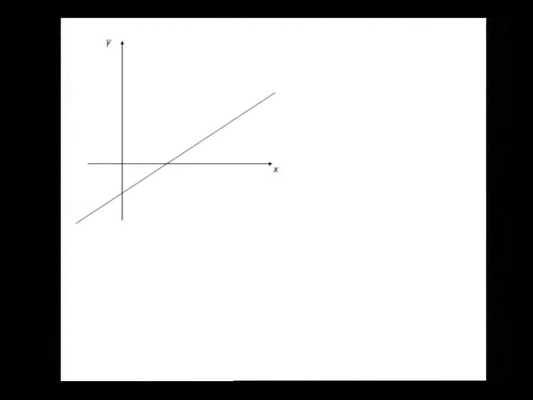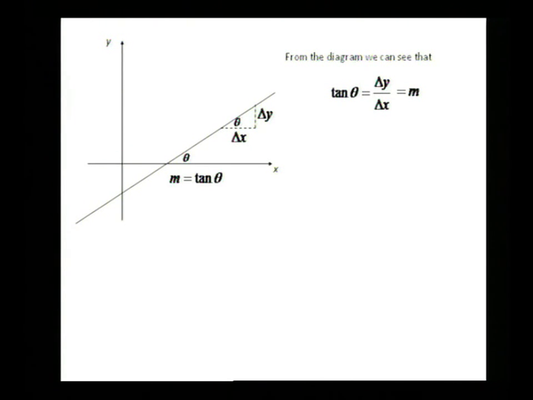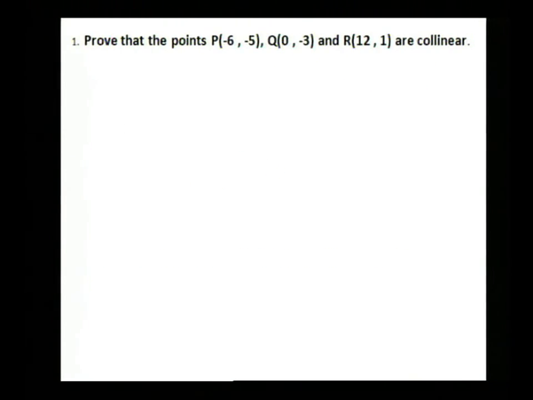And if we say the slope of the line is m, then what is the value of m? Here m is equal to tan theta, that is equal to delta y by delta x, where theta is the angle with the positive direction of x. Note that theta is the angle that the line makes with the positive direction of the x-axis.